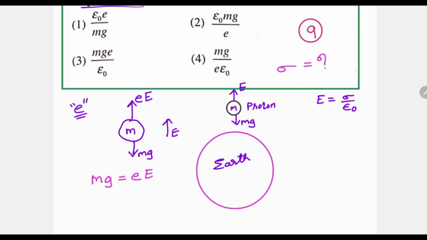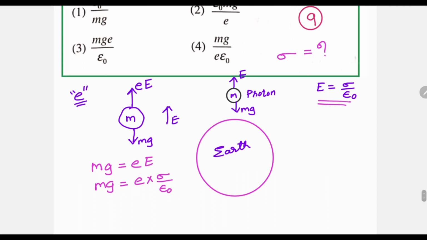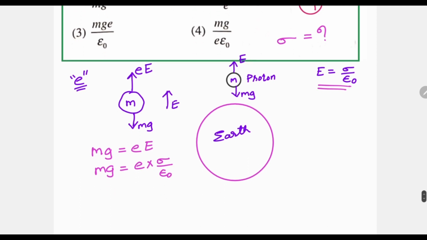Now Earth is treated as a conductor, so I can replace the electric field by sigma by epsilon naught. So mg equals e into sigma by epsilon naught, and we need the expression for sigma. So sigma equals mg epsilon naught divided by e.